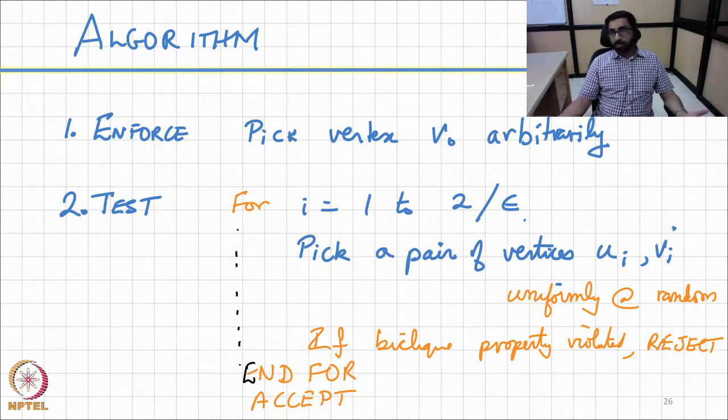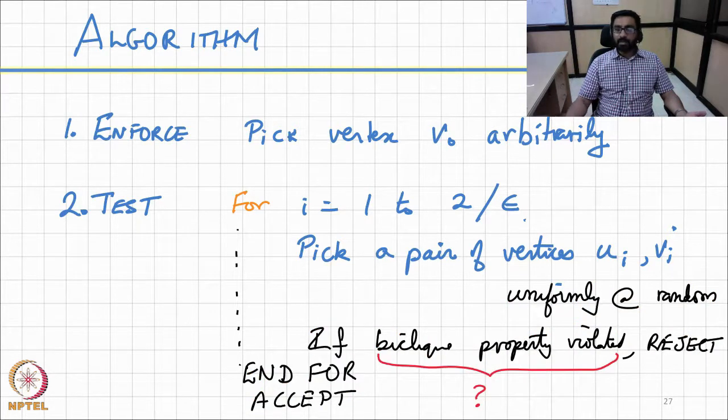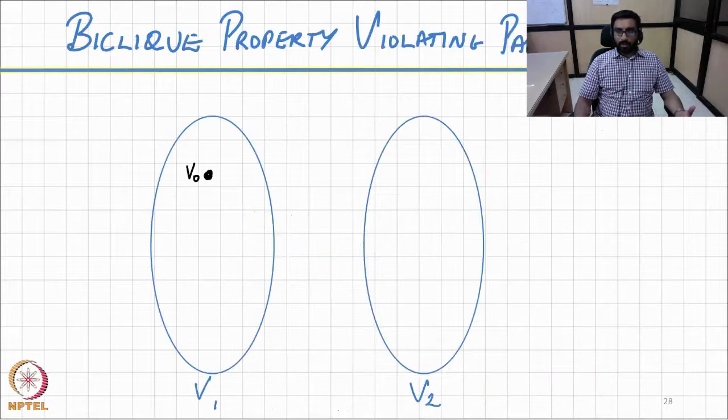And of course, now we need to ask ourselves, what does it even mean to be able to detect a violation? Well, let's look at this a bit carefully. Recall that we have picked a vertex v0, and that meant that neighbors of v0 went into v2 and non-neighbors of v0 went into v1. What are the ways in which we can encounter violating pairs?